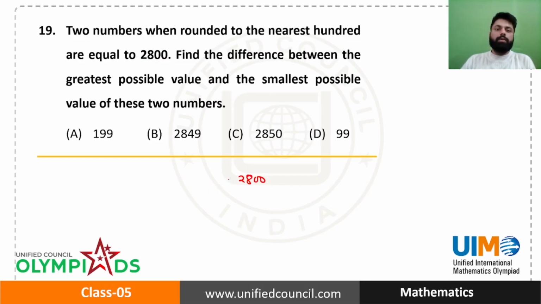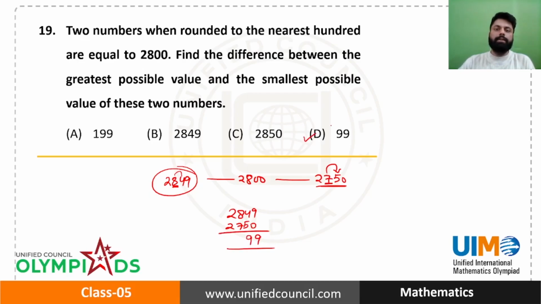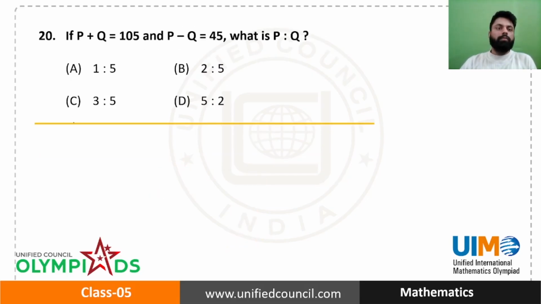So see, if we talk about the round off part, 2849 is the greatest number which when rounded off to nearest 100 will become 2800, and the smallest one is 2750 because this is 7 and after that as we are having 5, so this will become 2800. 2849 minus 2750, this is 9. 14 minus 5 is 9. 99 is the difference.